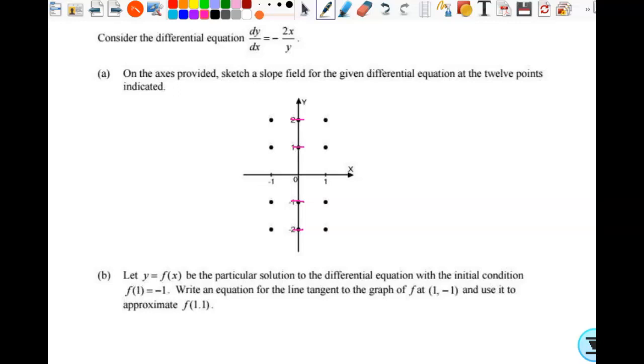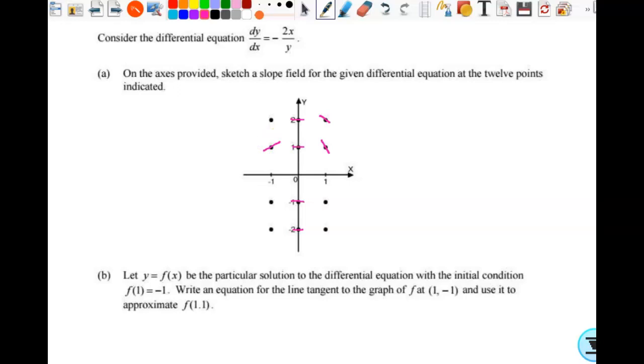When x is 1 and y is 1, then that's a negative 2. When x is 1 and y is 2, you get a negative 1, right? And those have to look distinctly different. When x is negative 1 and y is 1, we get a positive 2.